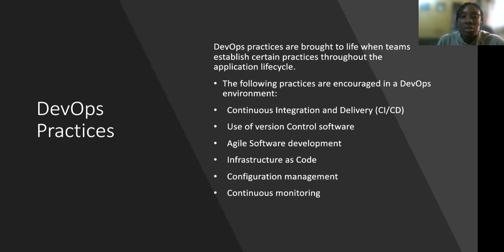The second DevOps practice we'll look at is the use of version control software. Version control software such as GitHub is used to track changes made to the code base, making it possible for multiple developers to collaborate in authoring code.